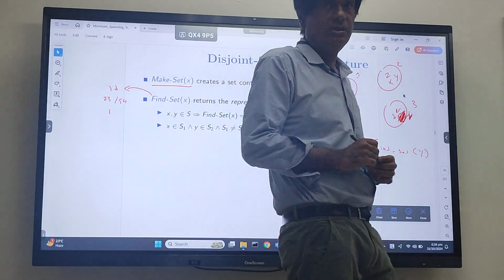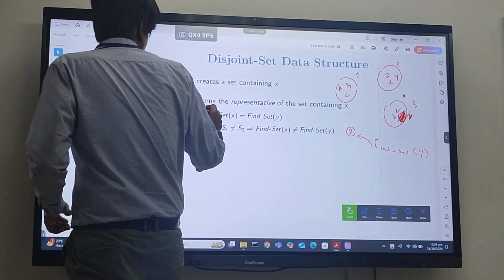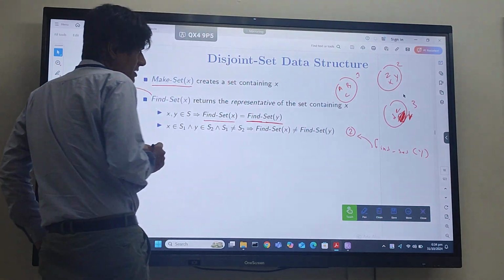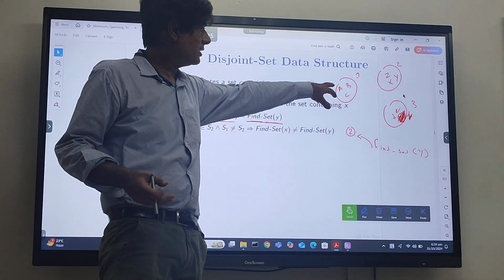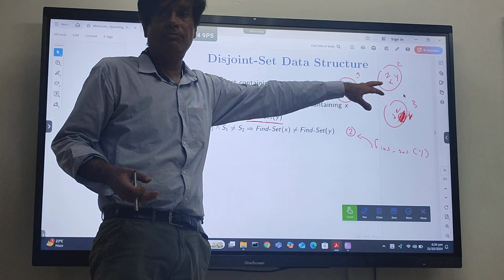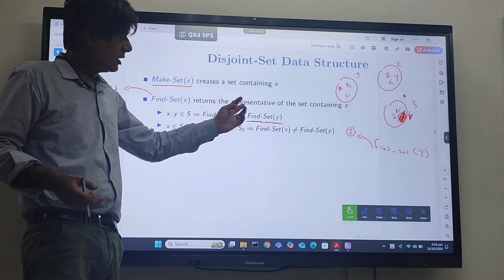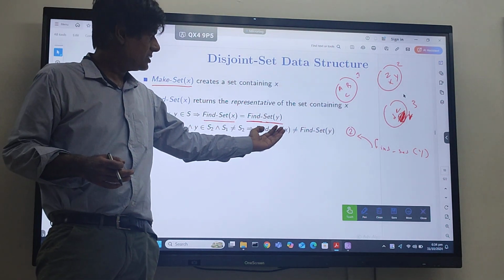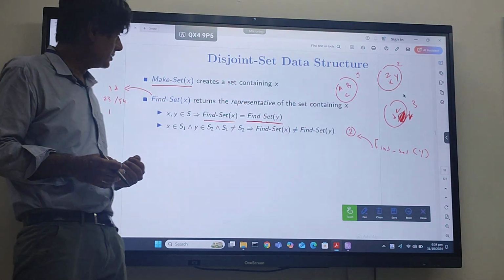So it will give me an identifier. This will be helpful for checking if two elements are in the same set or not. If the IDs match, they belong to the same set. So A and B have the same set and their ID will also be the same, so this equality will be true. And if they are not in the same set, we'll get a false.